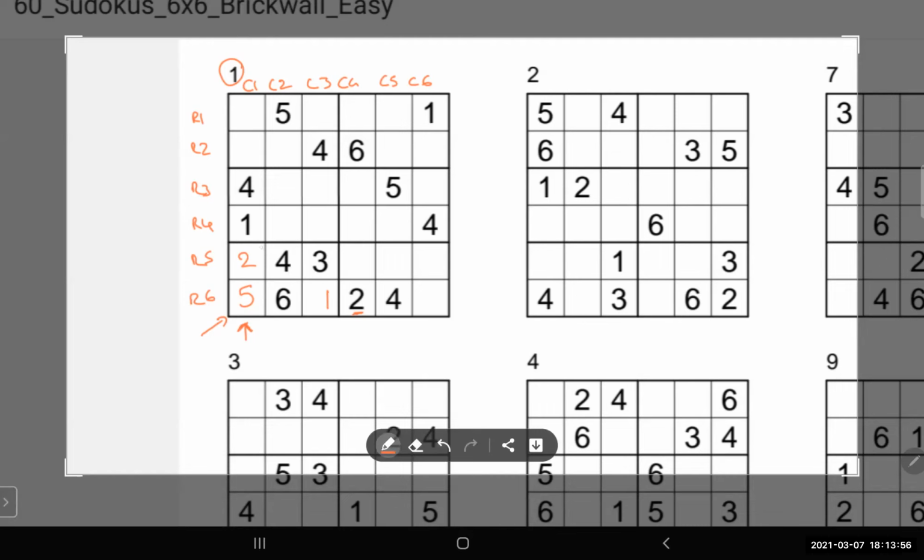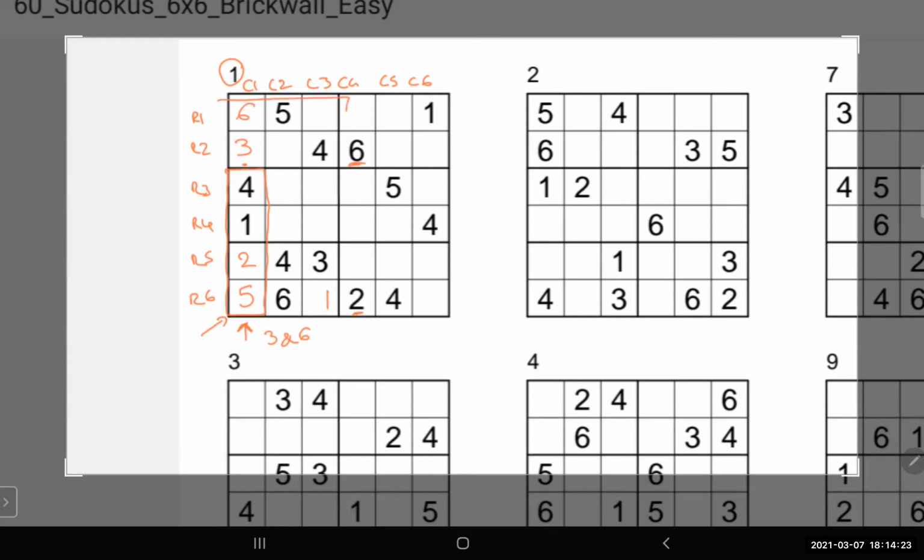No, look at these numbers. What are the numbers here? 1, 2, 4, 5. What are the missing numbers? 3 and 6, sir. If I have 6 here, can I have 6 here? No, it is 3, sir. And above that, 6.